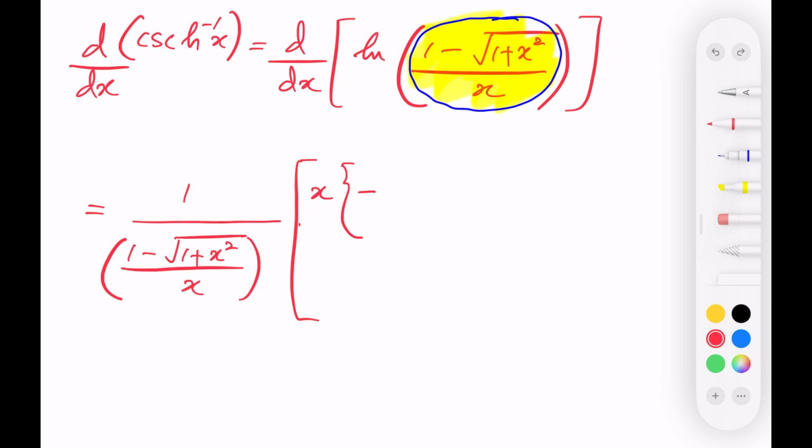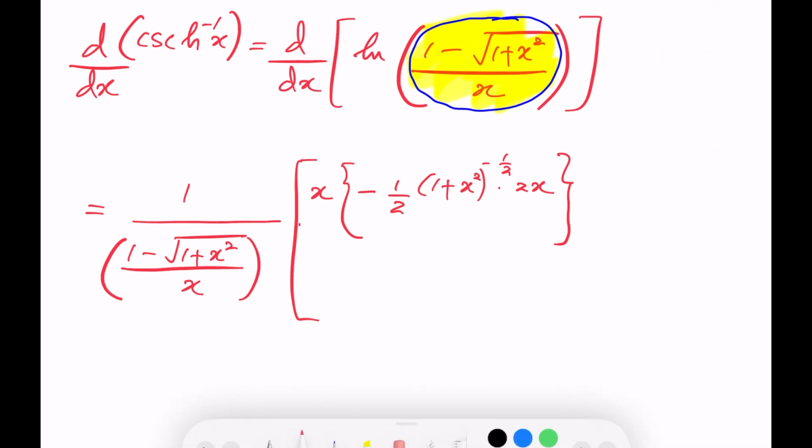Using the power rule, it will be 1/2 times 1 plus x squared raised to the negative 1/2 power times, I need to differentiate the stuff inside the square root. That's the power rule. Then it will be times 2x. That's it from that first part of the quotient rule. And then we will have minus numerator times the derivative of the denominator.